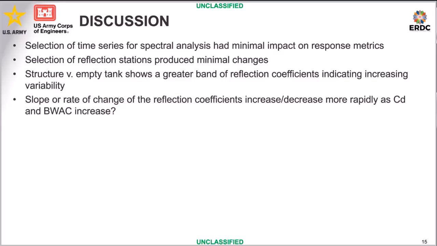Right, so we kind of talked about how the range of reflected wave energy varies between the flat tank, the total range of expected versus with the structure in place. We already talked about that.